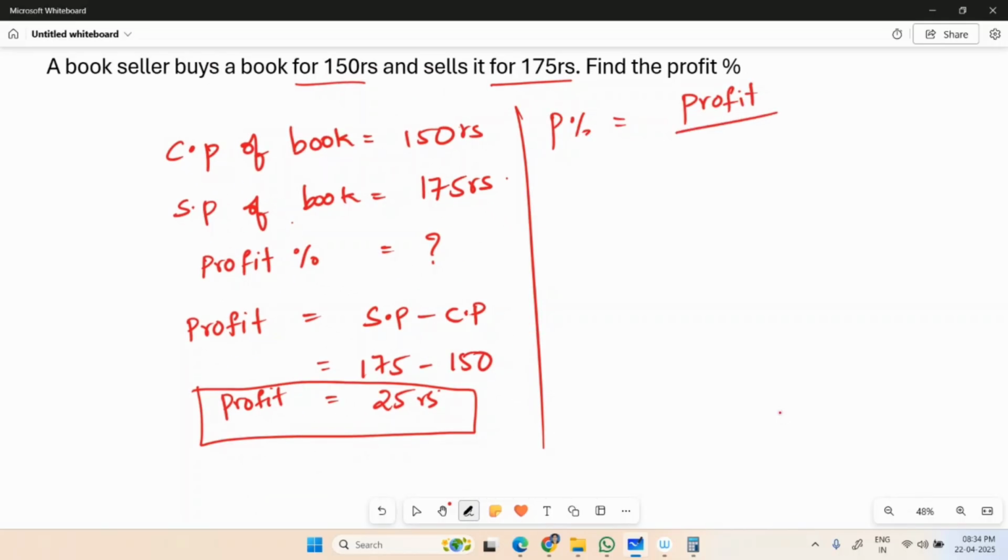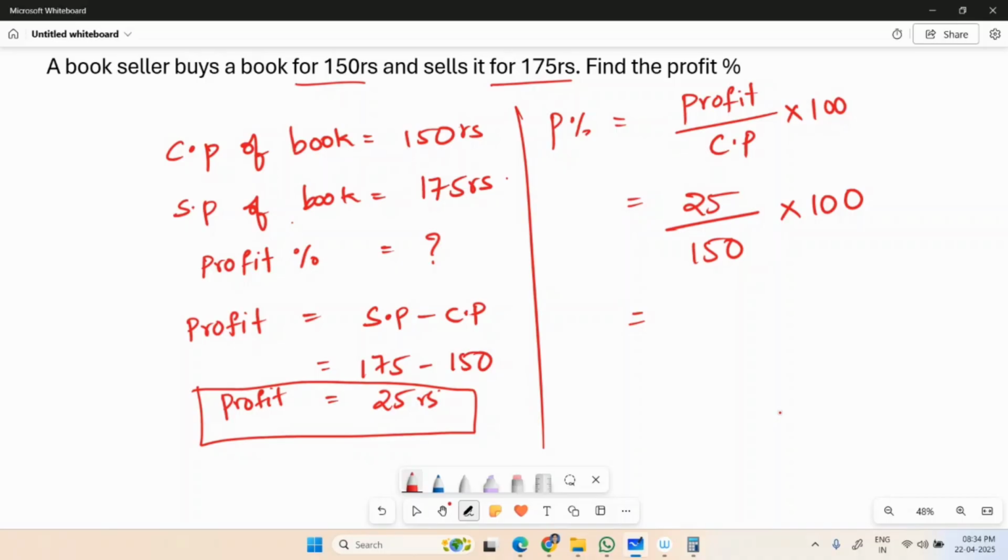Profit percentage is profit divided by cost price times 100 percent. You can write it as 100 also. Anyhow, we are finding out the percentage. So profit is 25 rupees by cost price is 150 rupees times 100. You can simplify this. 25 by 150, you can divide both the numerator and denominator by 5. 5 times 5, 5 times 30. 5 times 1, 5 times 6.